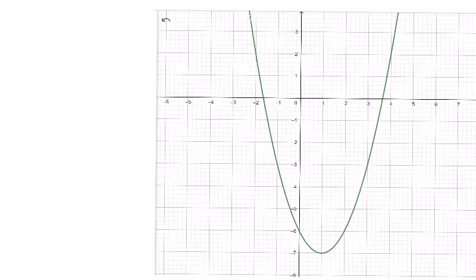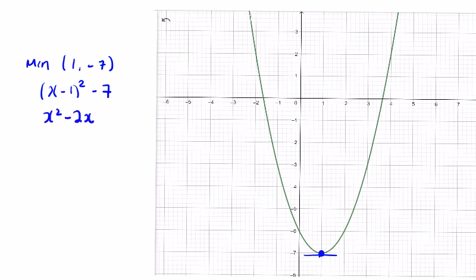Okay, try this one to finish up for me. Pause the video. So what do we see here? We see this minimum point, 1, minus 7. x minus 1 to be squared, you're telling me, or you've already written, minus 7, which is x squared minus 2x.